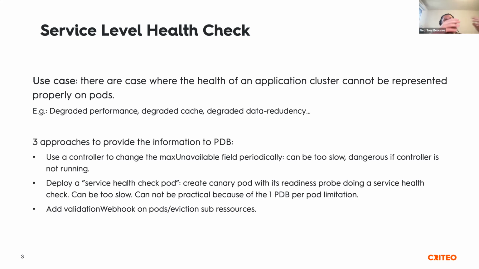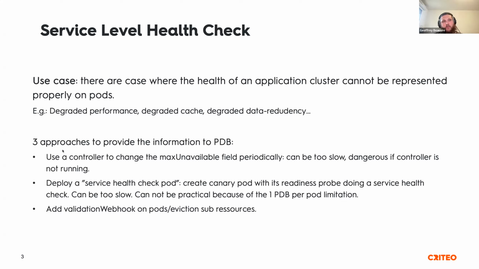You can have an issue with the cache or even degraded performance, like service level. And you want to find a way to expose this information to the pod disruption budget to prevent eviction and to prevent the maintenance from happening. So a voluntary disruption to happen on your service, on your StatefulSet.